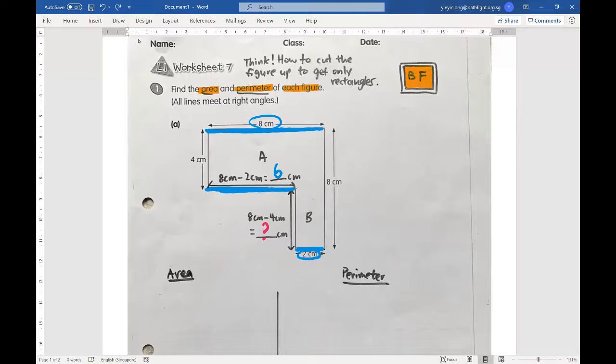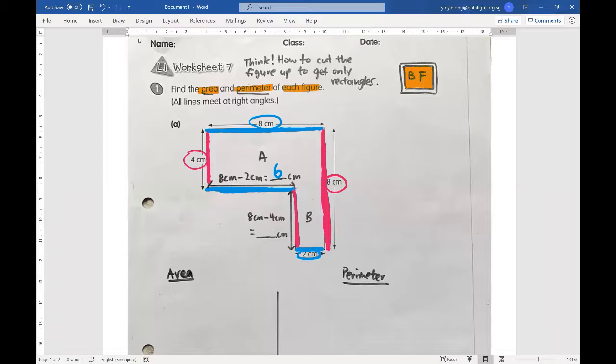Next, for the other unknown that I need to find over here, I will highlight this unknown part in pink. This unknown part plus 4 centimeters will give me 8 centimeters on the right, this whole side.